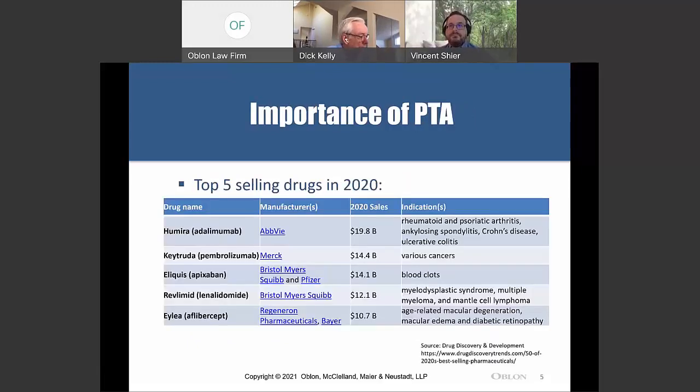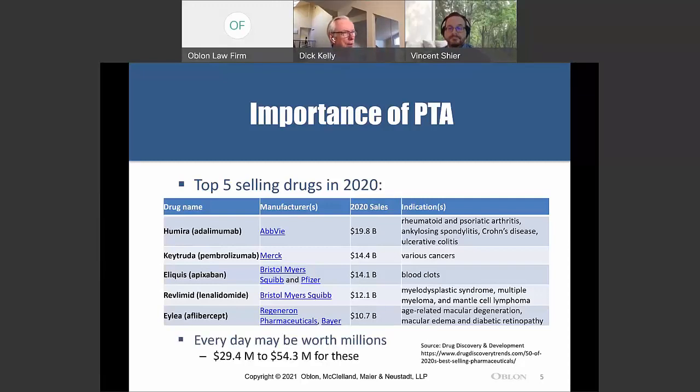Well, I think as you can see on the slide, the top five drugs last year sold from a low of 10.7 billion to a high of 19.8 billion. And if you do the math, you'll see that the 19.8 billion works out to something like $50 million a day. So every day at the end is very, very valuable. And the sale of drugs requires a ramp up.